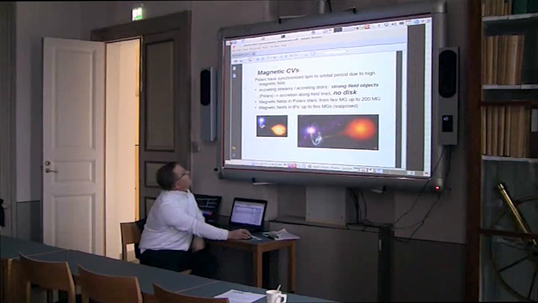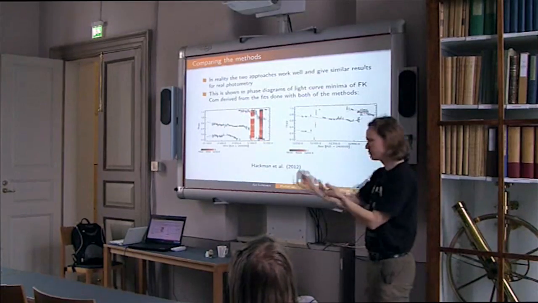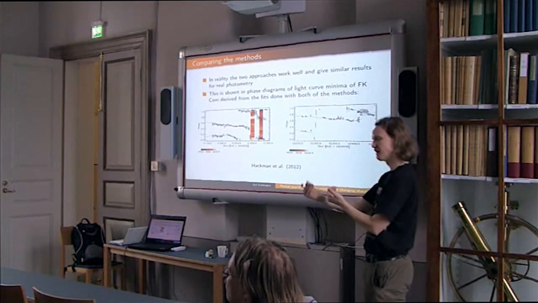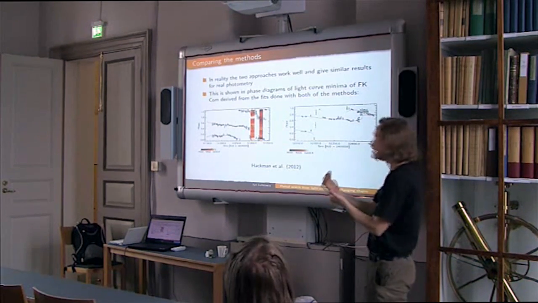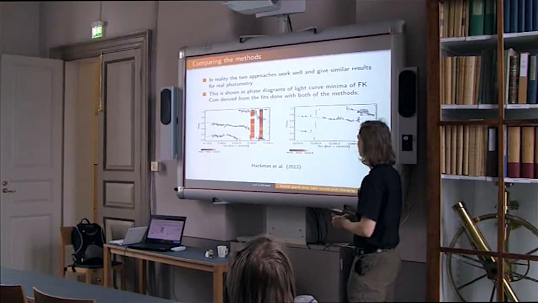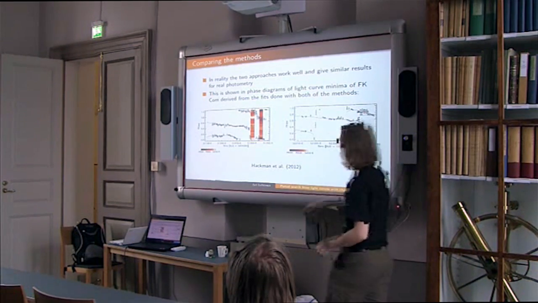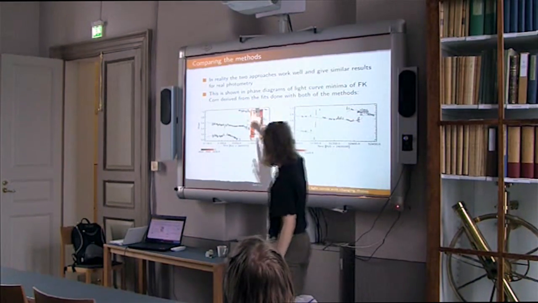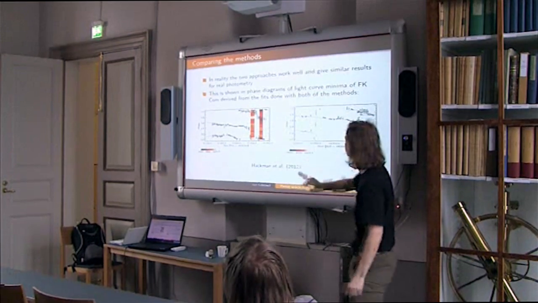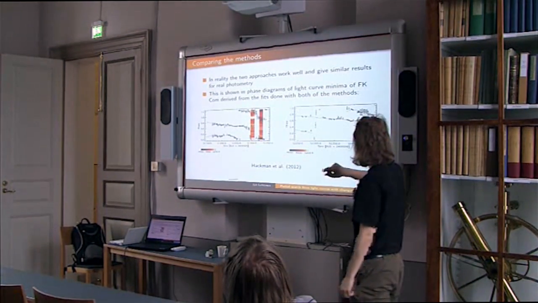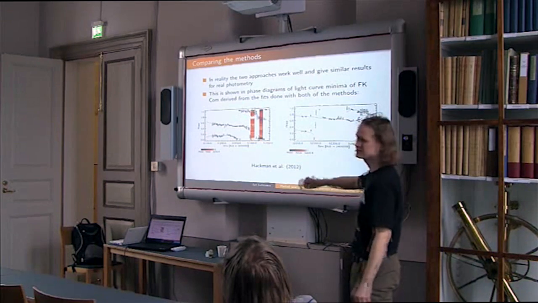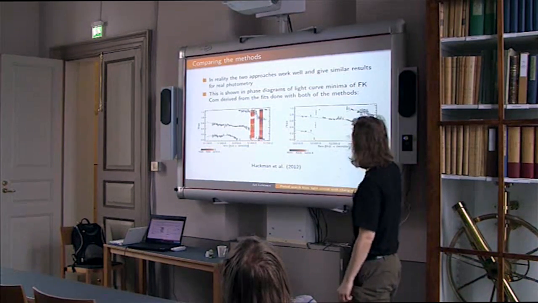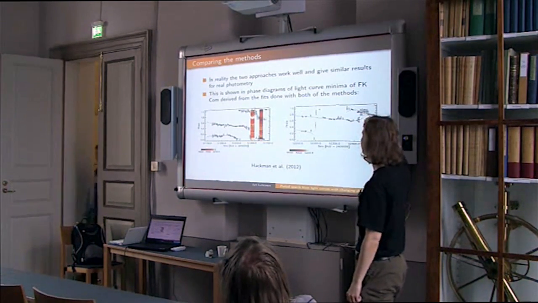So which longitude or rotational phase the light curve minimum happens. Here there is also some additional spectrum information, but that's not the point. We can see that the phases that we extract out of those two methods agree quite well indeed.